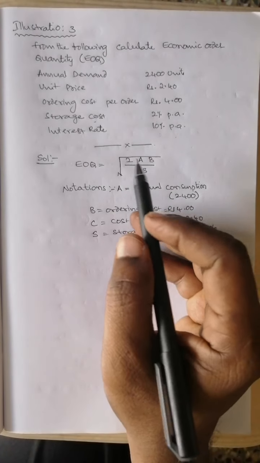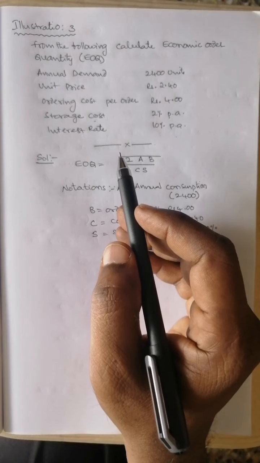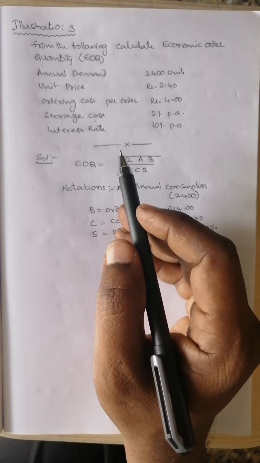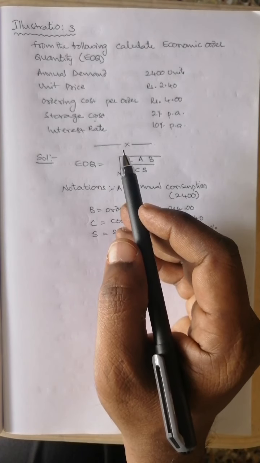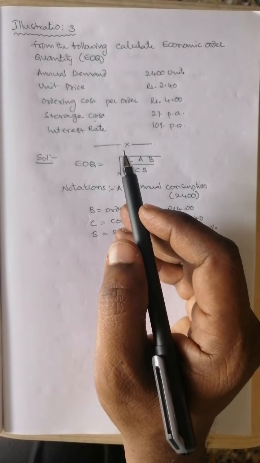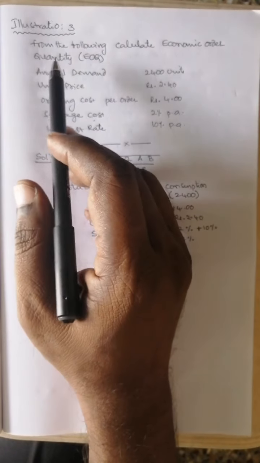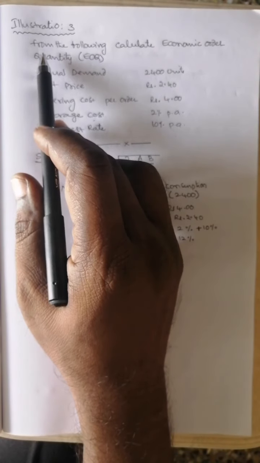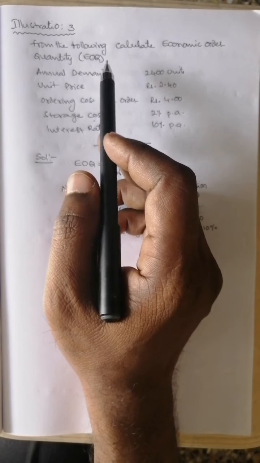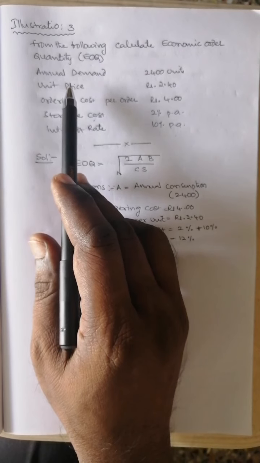Again, welcome back to illustration 3, computation of economic order quantity, part of materials chapter, cost accounting. Illustration 3, from the following calculate economic order quantity. Very simple question. What is given?